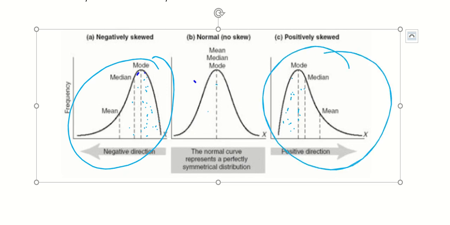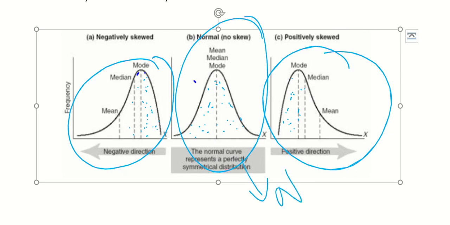But if the data is evenly spread out, this is called normal distribution. So this is normal distribution. Okay. So these are the three types of curves we have.